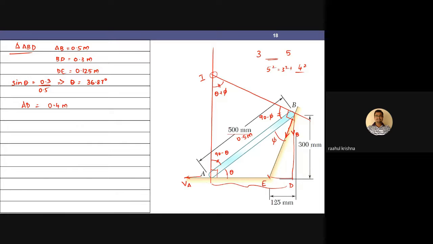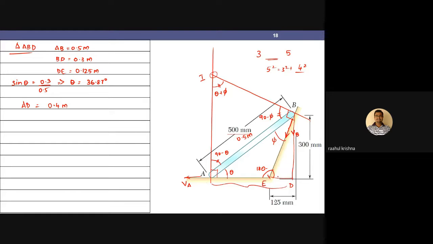Now if I look at the small triangle, triangle ABE, to get angle phi I can again apply the sine rule, but do I have everything available for that? No. For that I'll be requiring this angle, and once I get this angle, then this other angle will be 180 minus it, right? What will I need to use for this angle?